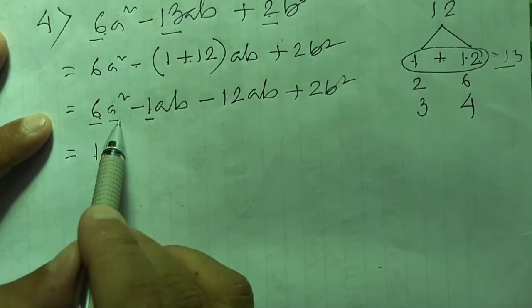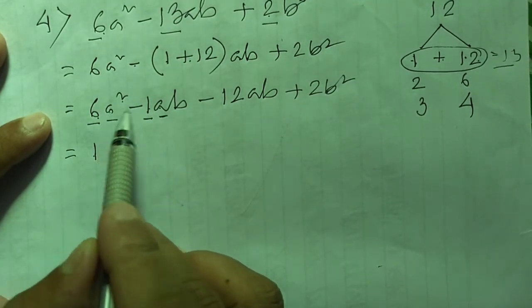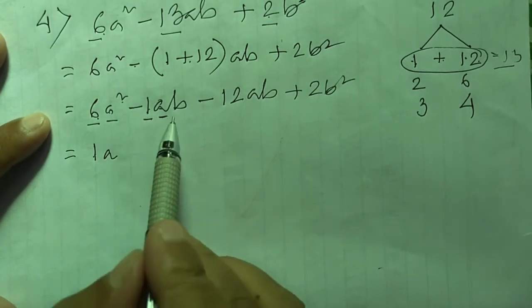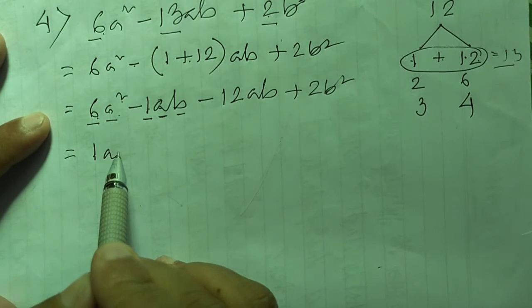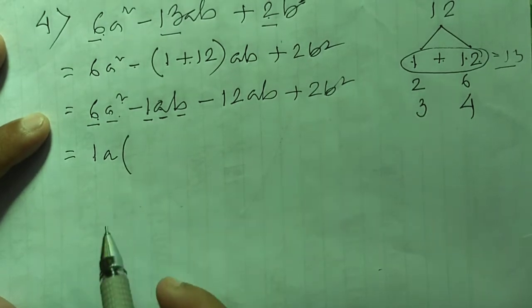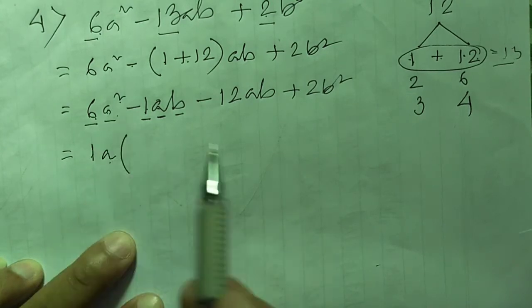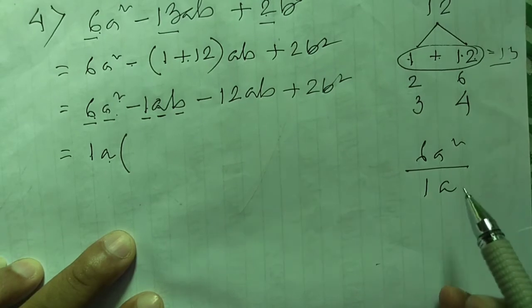Okay. A square is there and here a is there. Which is smaller? A. So we'll write a. B is there. B is there? No. So we'll not write b. Bracket. By 1a you have to divide this 6a square. 6a square by 1a.